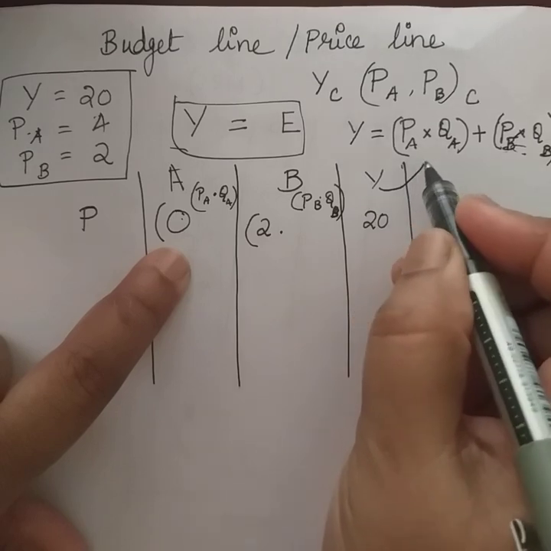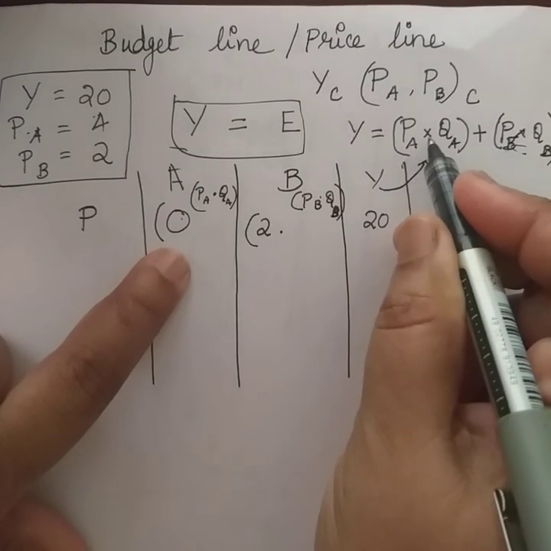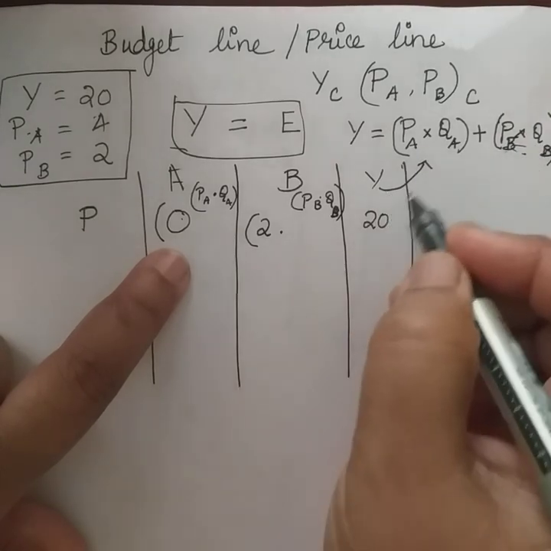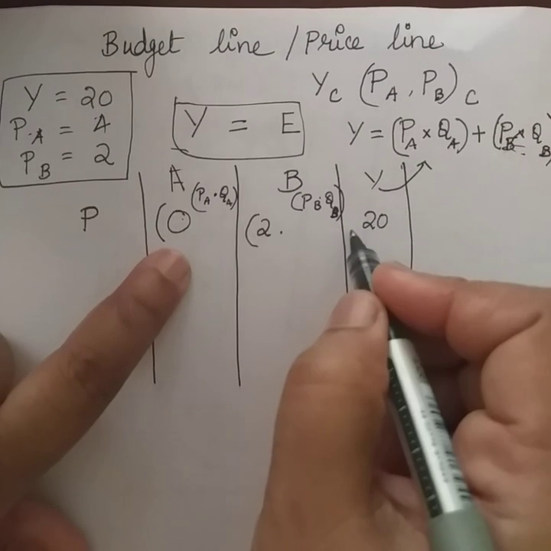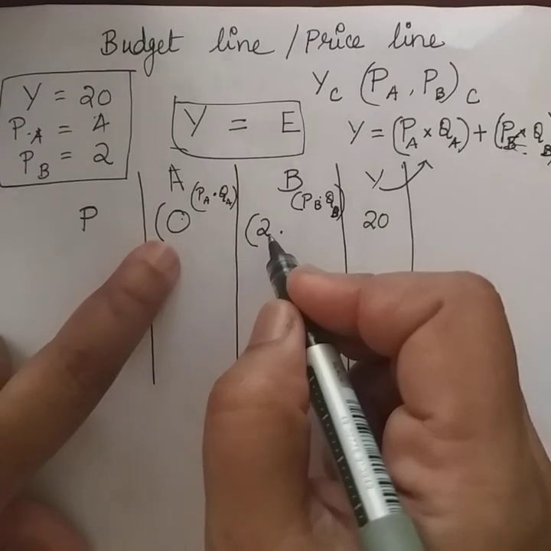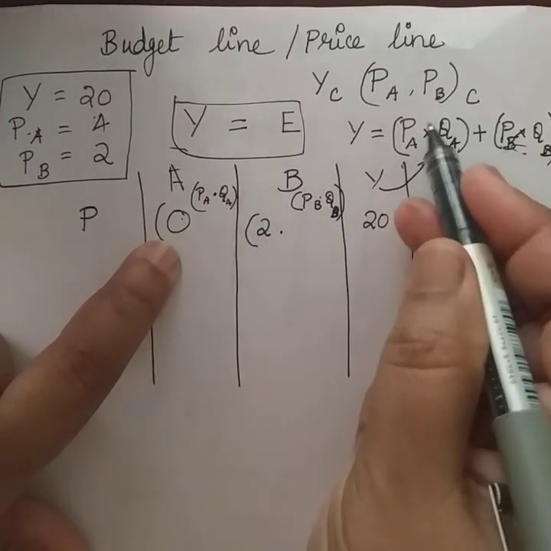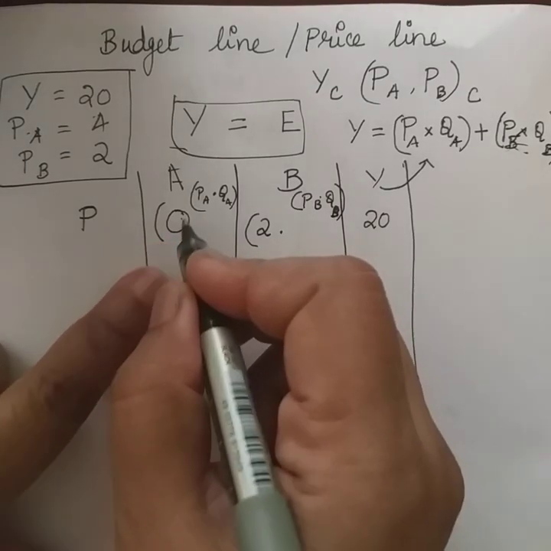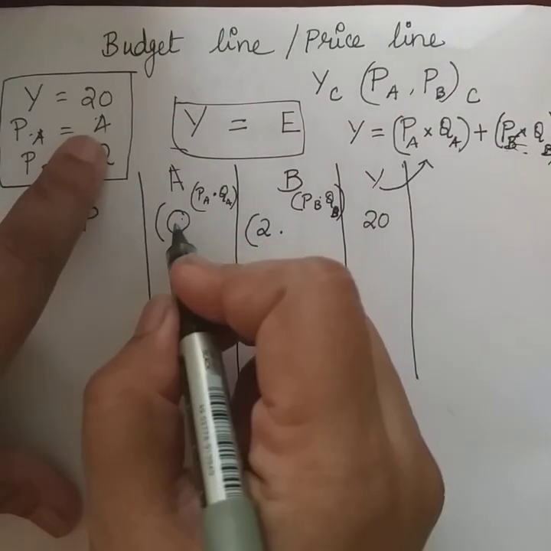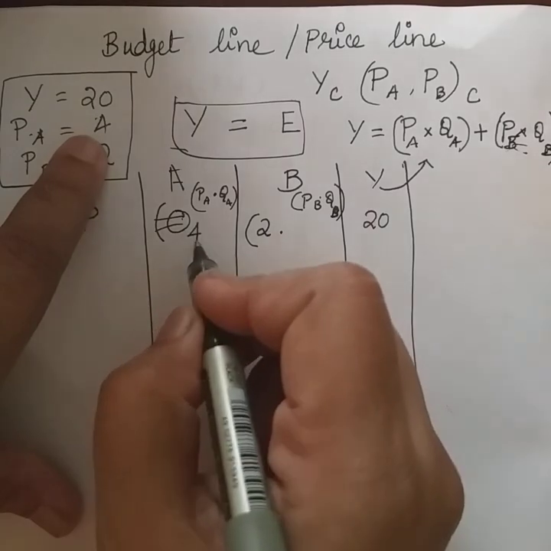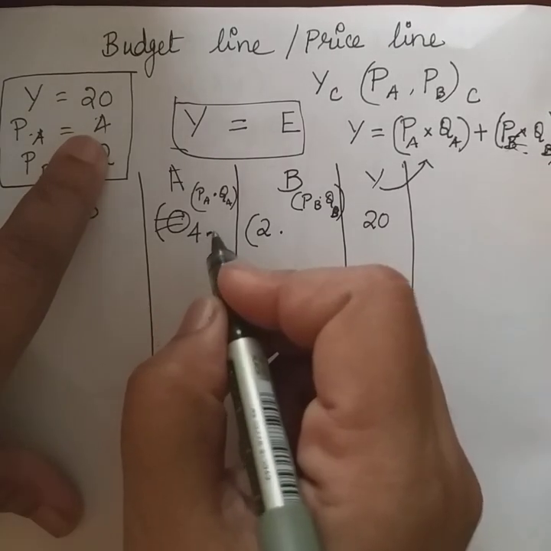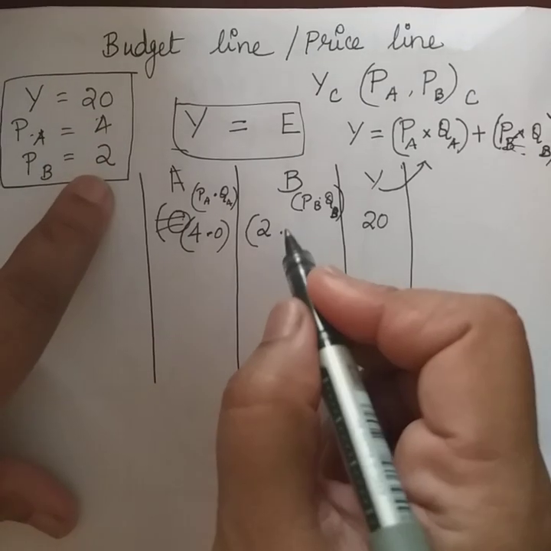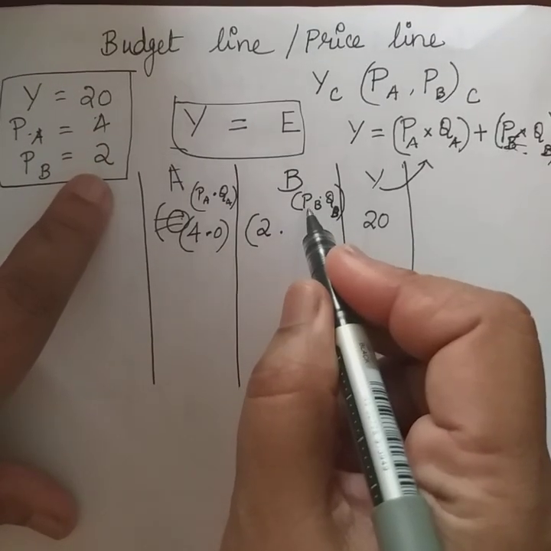It is calculated as PA into QA plus PB into QB. Now, nothing of this commodity A, 0, whatever be the price. In this case, the price is given as 4, so 4 into 0 would be 0 only. So everything is going to be spent on the other product B.